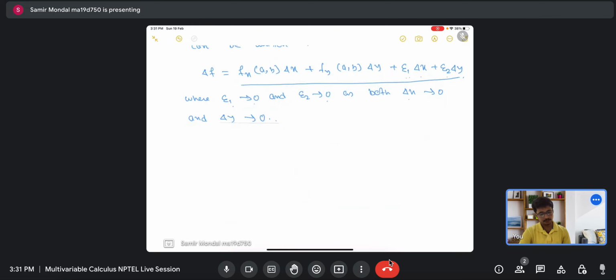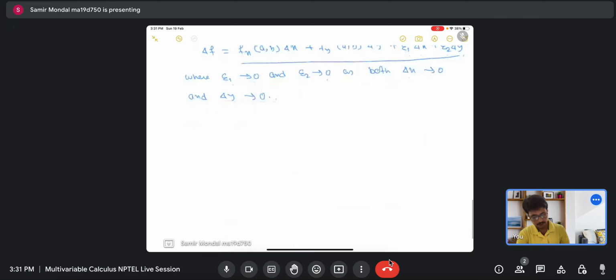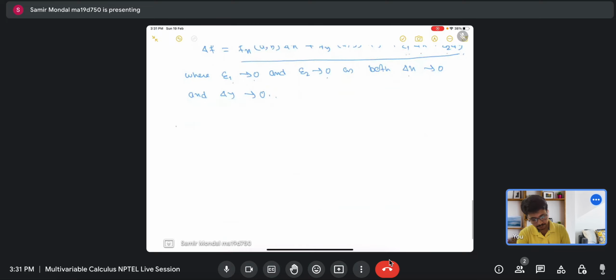Now, what is the total differential? Total derivative, total differentiable, both are fine, no issue.